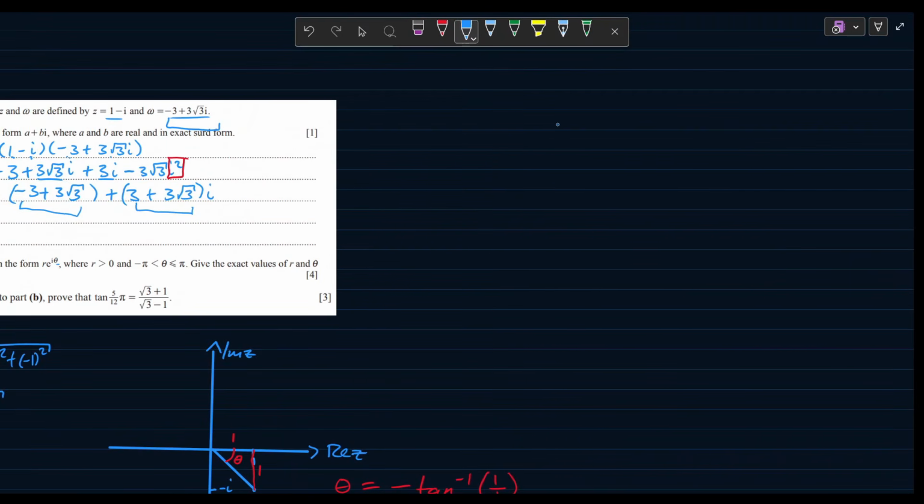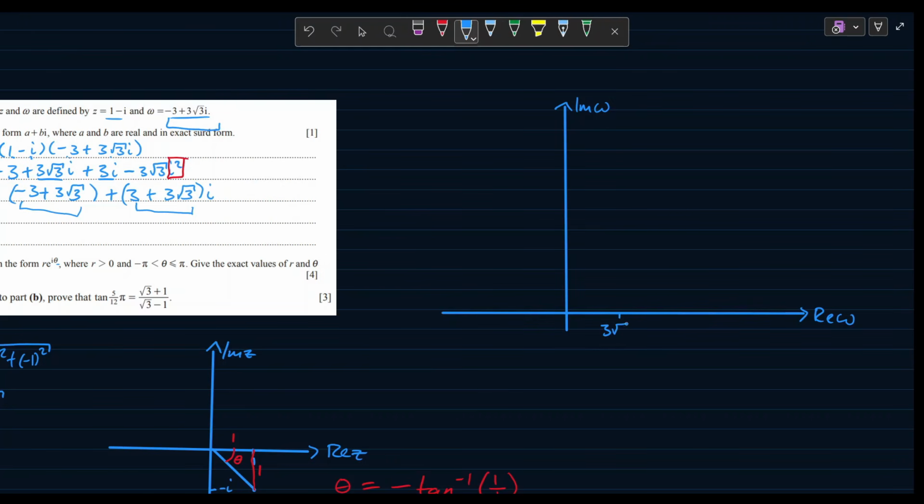So if we draw an Argand diagram here, we've got our imaginary axis, and then we've got our real axis. So in the real axis, we're moving by -3 plus 3√3, which is around 2 units. So I'll put it somewhere here.